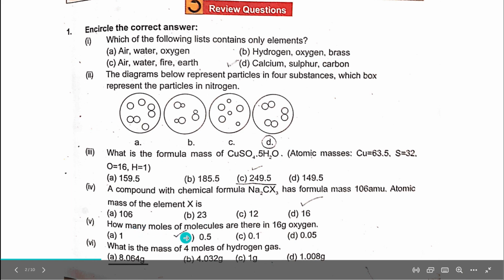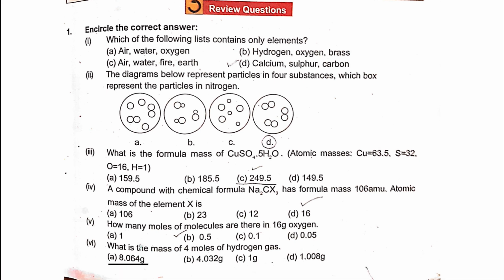How many moles of molecules are there in 16 grams of oxygen? Now you may say 1 mole, but that's not the correct answer. It's 0.5. Why? Oxygen does not exist freely. It comes as a diatomic element. So whenever we say oxygen, we should keep in mind that 2 atoms of oxygen are combined. So 1 atom contains 16 grams. So when there are 2 atoms, it will be equal to 32.